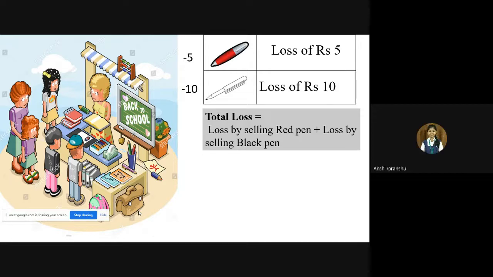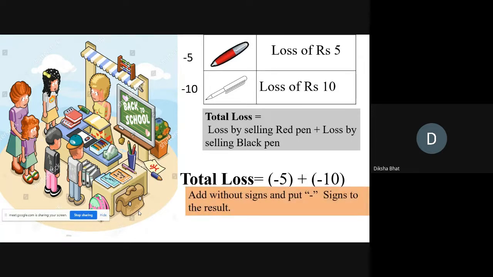Negative 5. Yes. And what is the loss by selling black pen? Negative 10. Yes. So now, for addition of any two negative integers, we add them without sign and prefix it with a negative sign. So what will be the answer? Negative 15. Yes, negative 15.